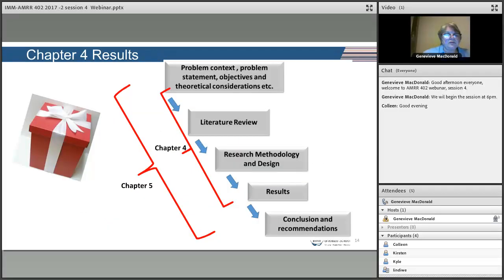So now we look at chapter 4. If you remember your chapter 1, your problem context, problem statement and objectives, and your research design, your chapter 3 was based on the objectives.